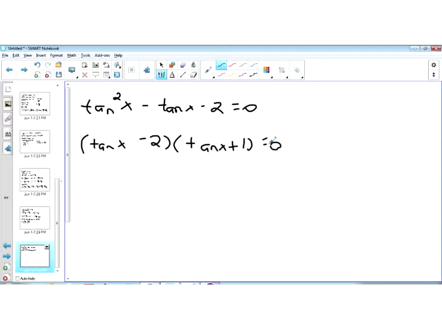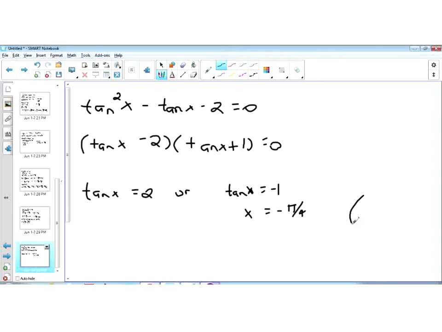Tangent x plus 1 is equal to 0. Okay, so we require that tan x equals 2, or tan x equals negative 1. So we know, in this case, x is equal to minus pi fourths, or 7 pi over 4.